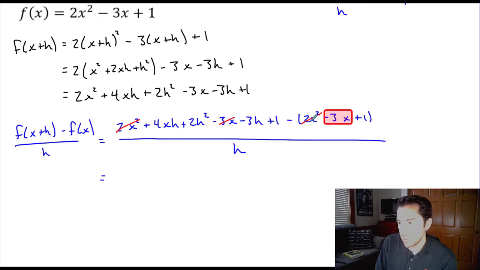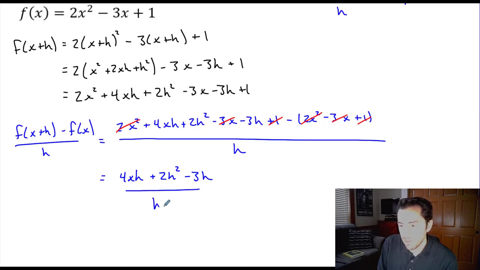This will also give us 0. And then lastly, we have a positive 1 minus 1, so that will simplify as well. Let's see what we're left with. We have 4xh plus 2h squared minus 3h, and this is all over h.